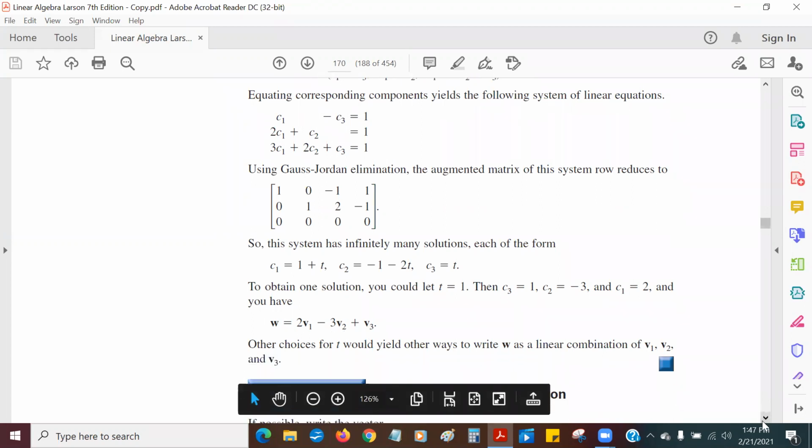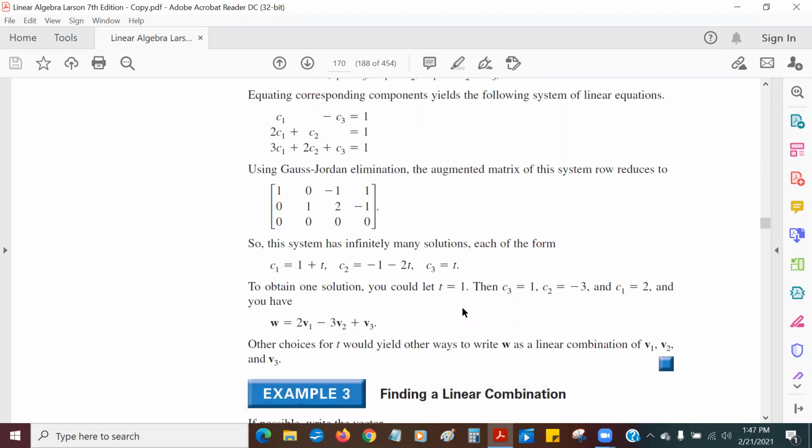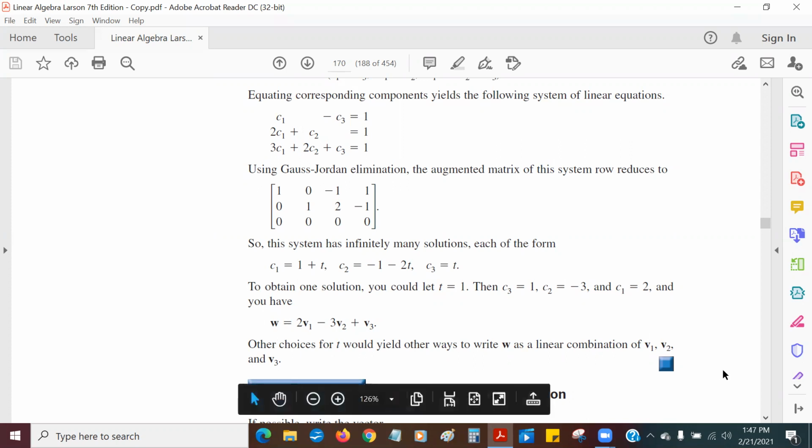So, we're done. And if you let t be anything else, let t be 0, let t be 5, let t be -17, whatever, let t be the square root of 57, you'll get different coefficients of these vectors, but they'll combine to be w. So you see, there are infinite ways we could do it.